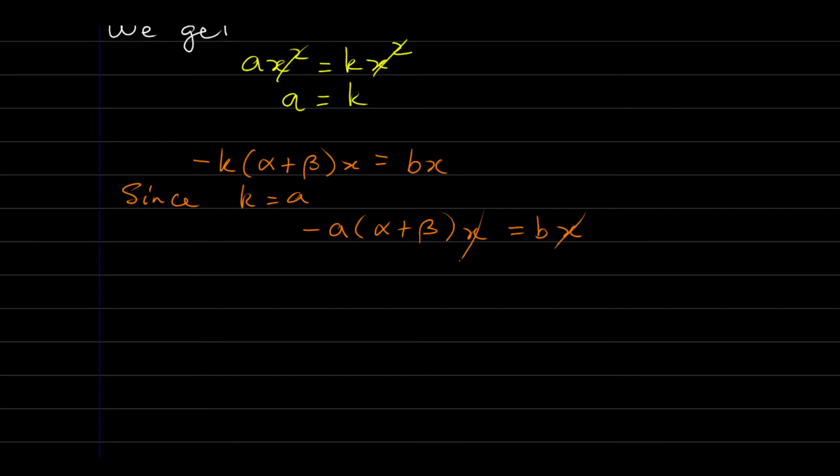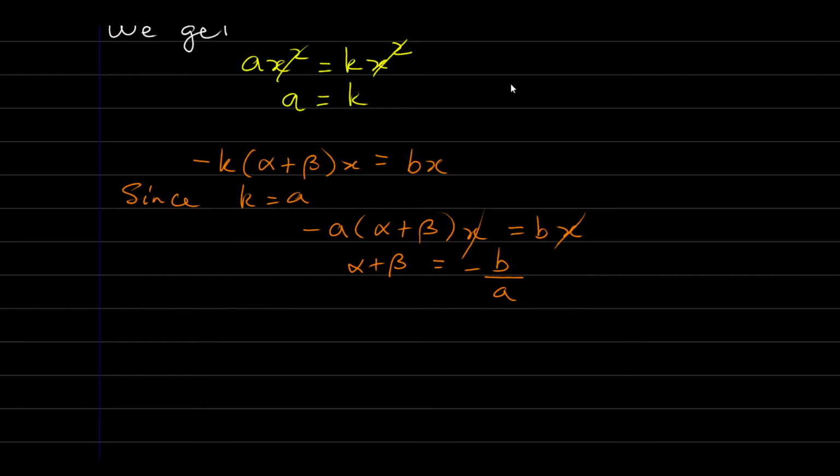We can cancel x on both sides since it's a factor on both sides. And then we can make alpha plus beta the subject of the formula, and we'll get that minus b upon a is equal to the sum of the roots. So the sum of the roots is equal to minus b upon a, right?